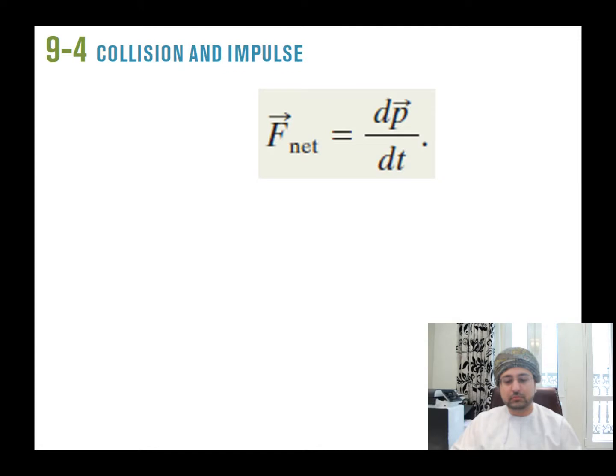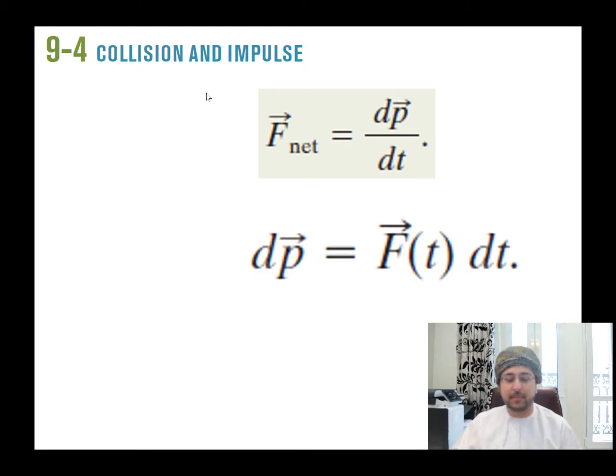Well, we define the force as the rate of change of momentum. So before we go into a whole load of maths, if I stop it quicker, then delta t at the bottom of this equation is smaller, which means my F is going to be big, and vice versa. But how does it work out mathematically?